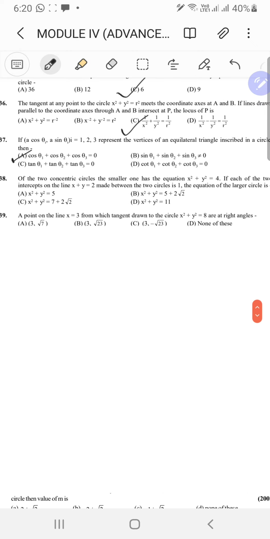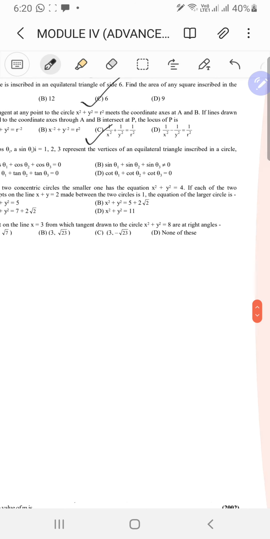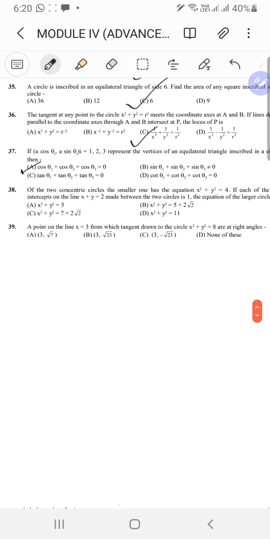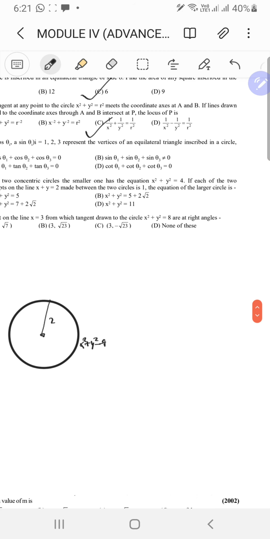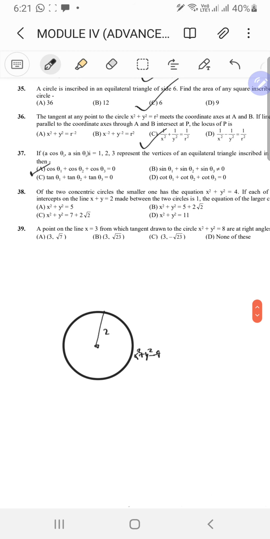38. Of the two concentric circles, the smaller one has equation x squared plus y squared equal to 4. Okay, so let's just draw this out. This is the smaller one, x squared plus y squared equal to 4. It has radius 2. If each of the two intercepts on the line x plus y equal to 2.